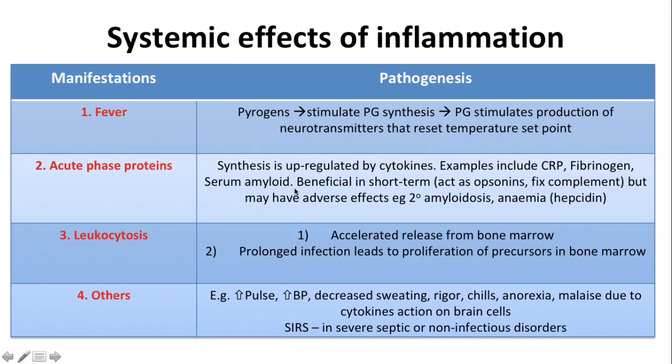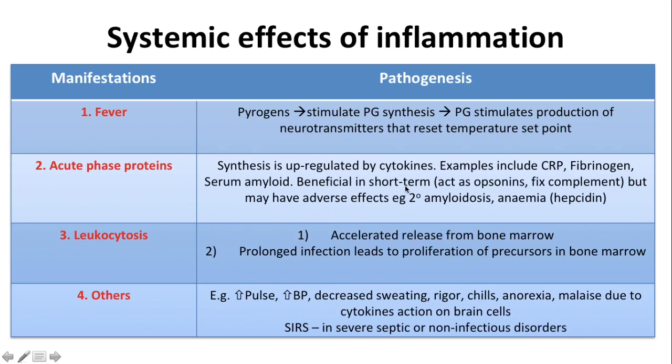In terms of an increased production of acute phase proteins, these acute phase proteins are synthesized by the liver, and the examples include C-reactive protein or CRP, fibrinogen, and serum amyloid. And their synthesis is upregulated by cytokines.